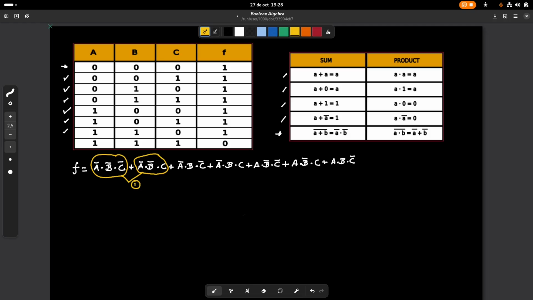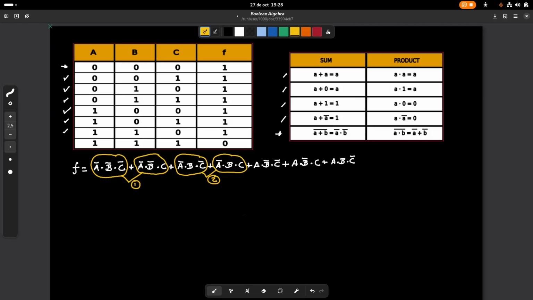In the same way, we can see that this term and this term, which I'm going to name 2, have A negated and B as a common factor.